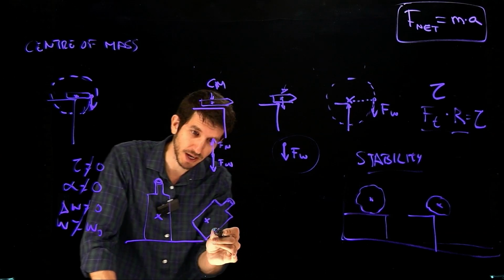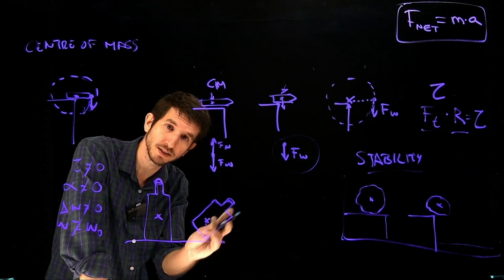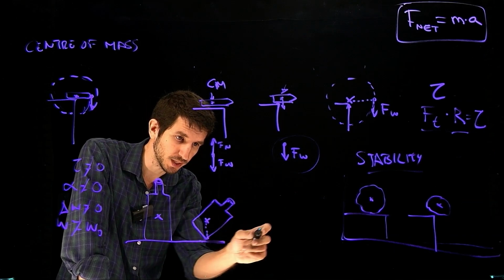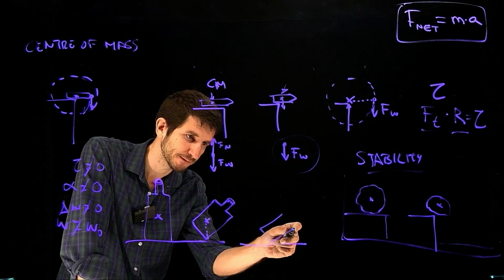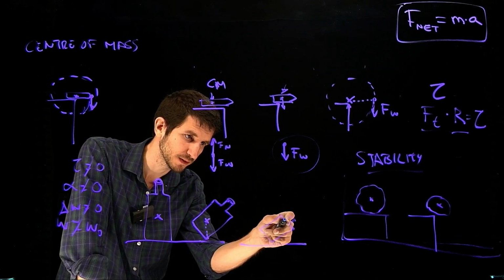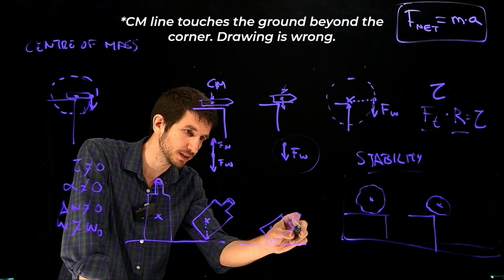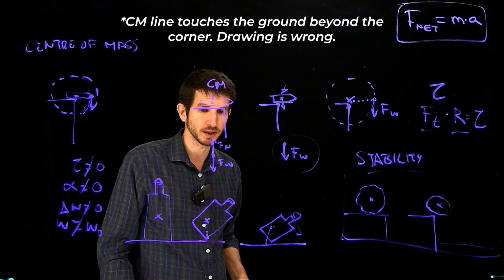If I take the center of mass down to the ground and it is in contact, the object is going to be fine. But if the center of mass goes beyond that point, this object is going to drop. Well, this is obviously a terrible drawing, but you get the idea.